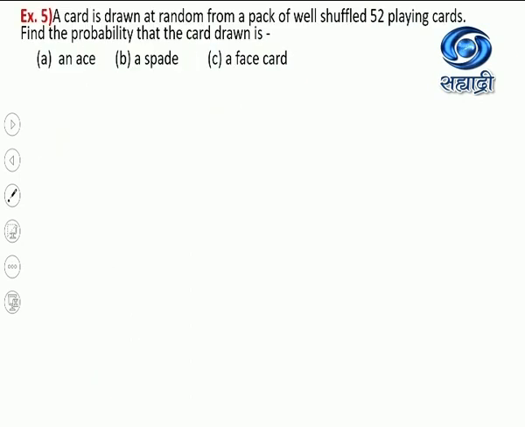Now, fifth one. A card is drawn at random from a pack of well-shuffled 52 playing cards. Find the probability that the card drawn is an ace card, a spade, a face card. Now, let us write the solution. There are 52 playing cards. Therefore, N of S is equal to 52.